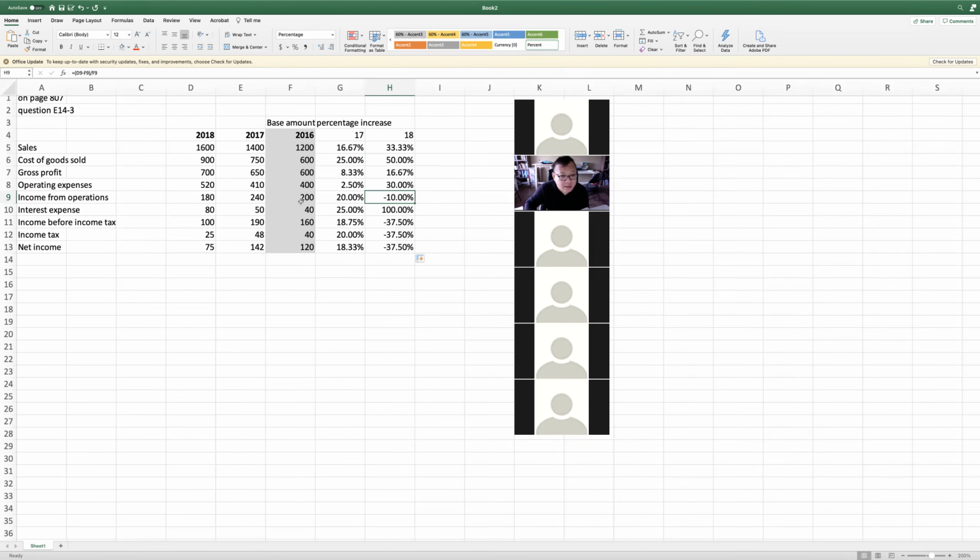Why? Because income from operation for 2016 was 200, but it's only 180. So that's a decrease. That's why it's negative 10%.